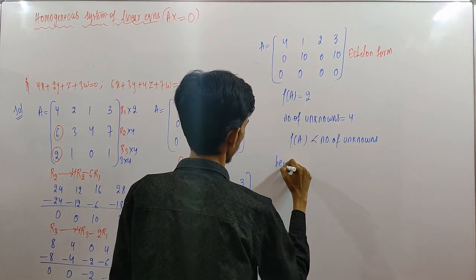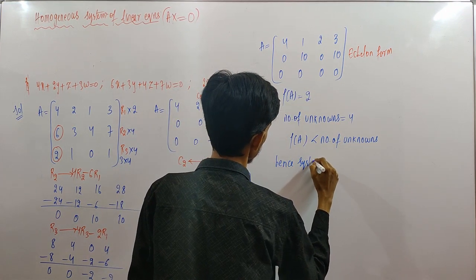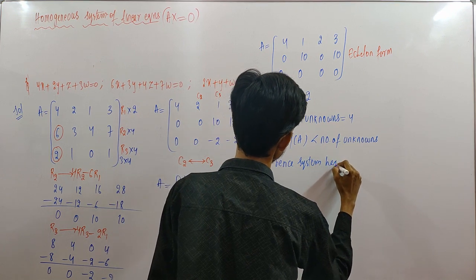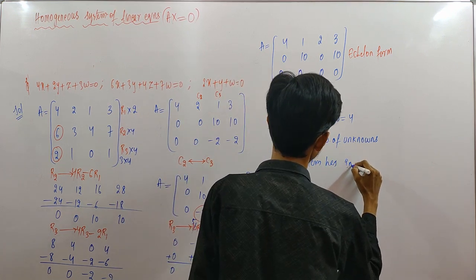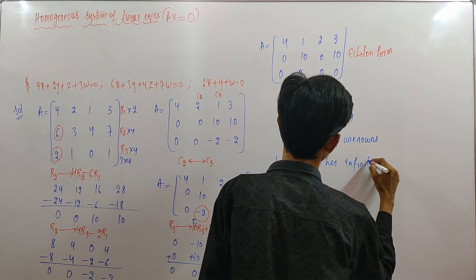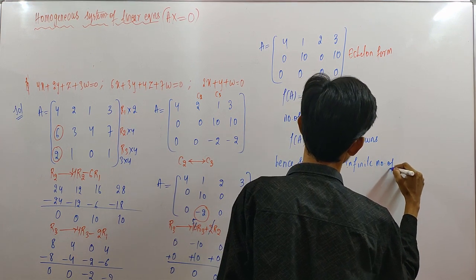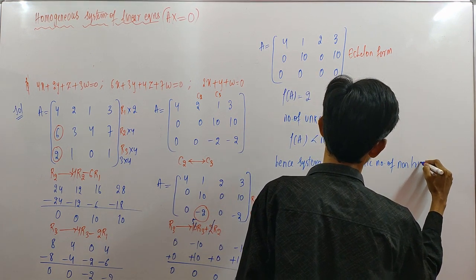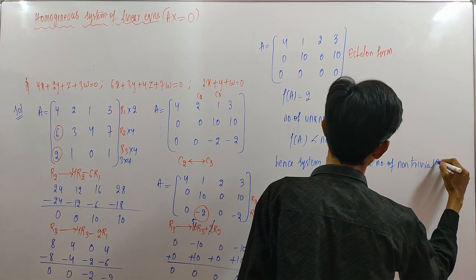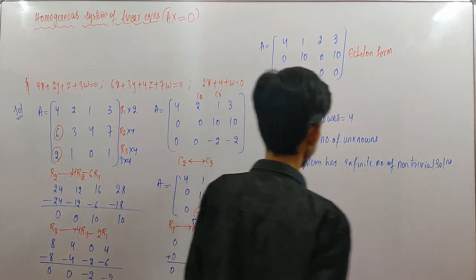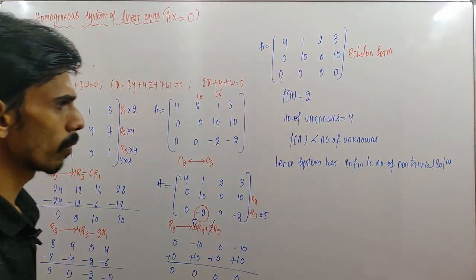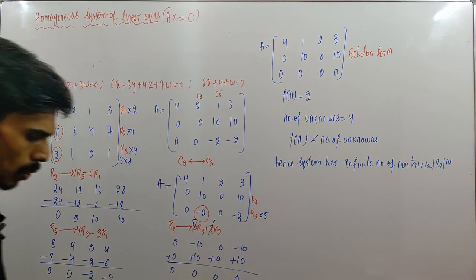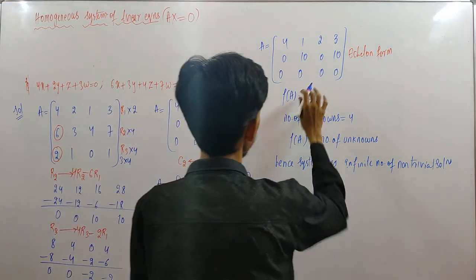Hence this homogeneous system has infinite number of non-trivial solutions. System has infinite number of non-trivial solutions. Those solutions can be obtained from this matrix.